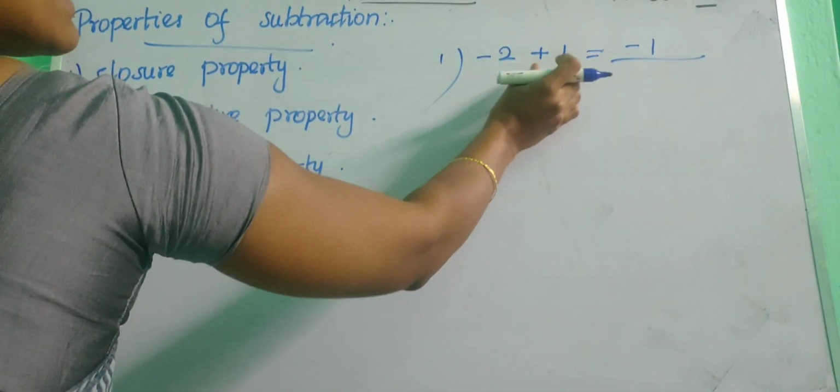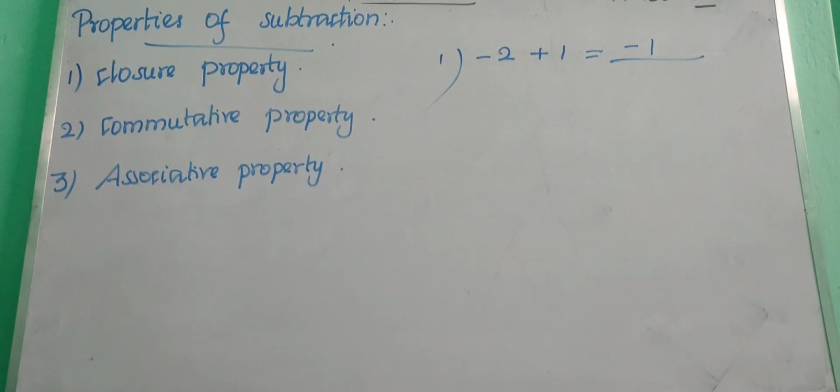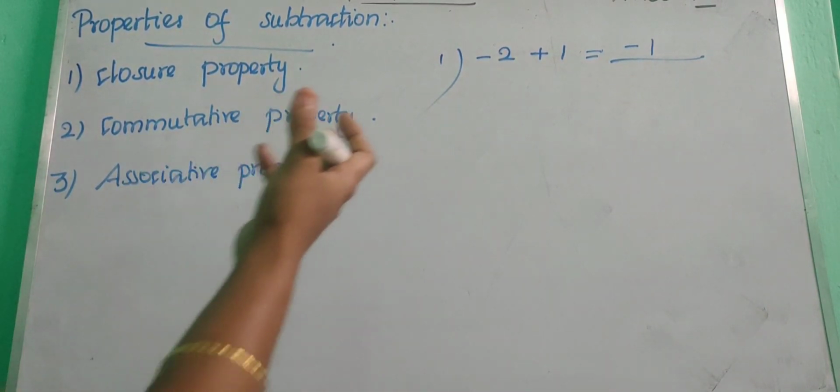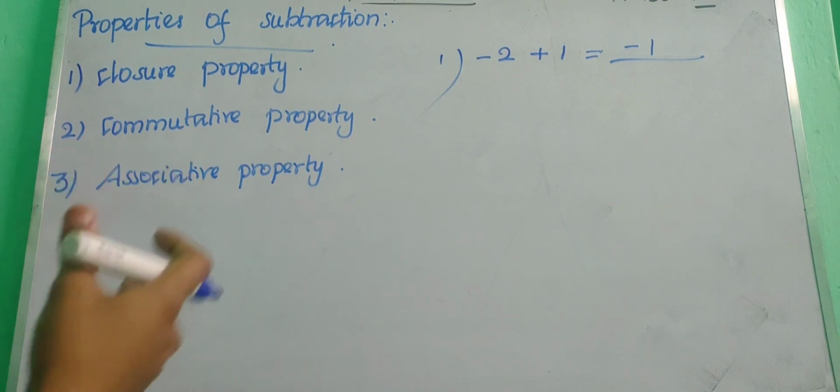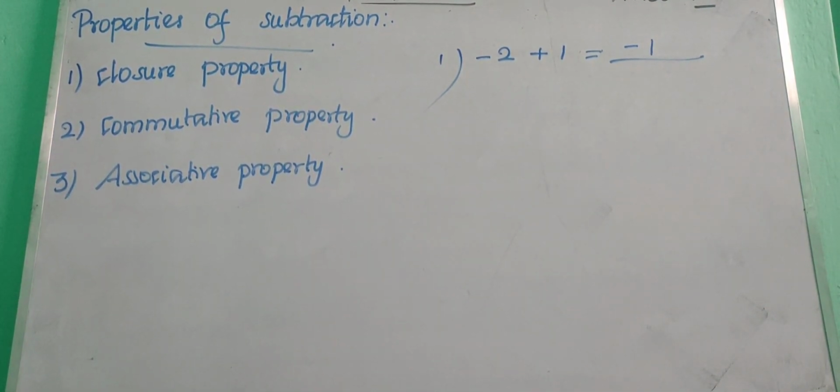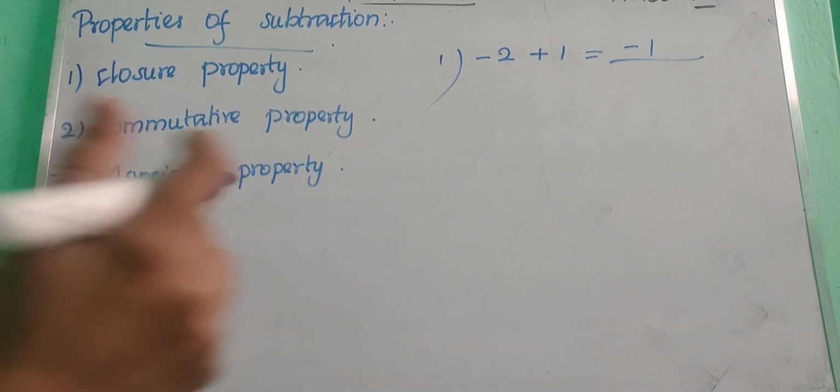So if you are subtracting two integers we will get an integer as the answer. So that we can say the integers are closed under subtraction. Okay children, so that it is called closure property.